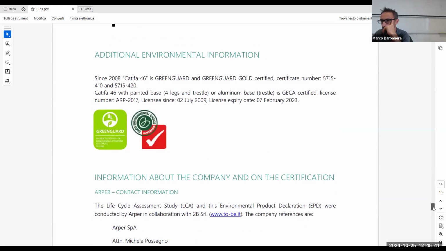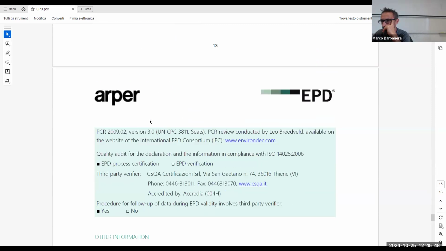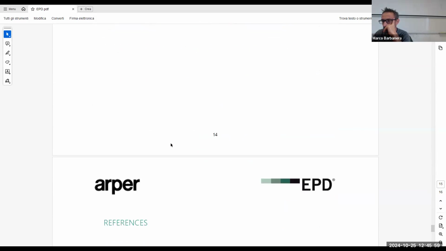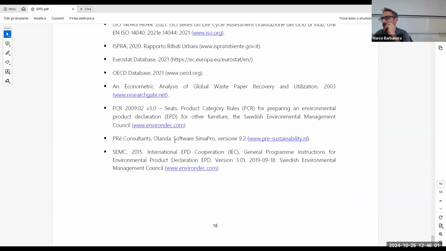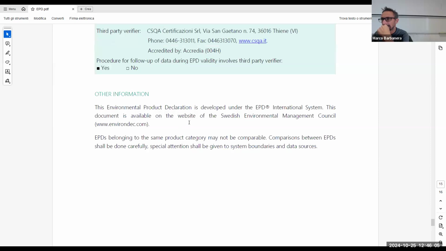This is an example of product environmental declaration, and at the end you have the name of the third-party entity, the third-party verifier. So all the information about the LCA study, the LCA study useful to obtain this certification.